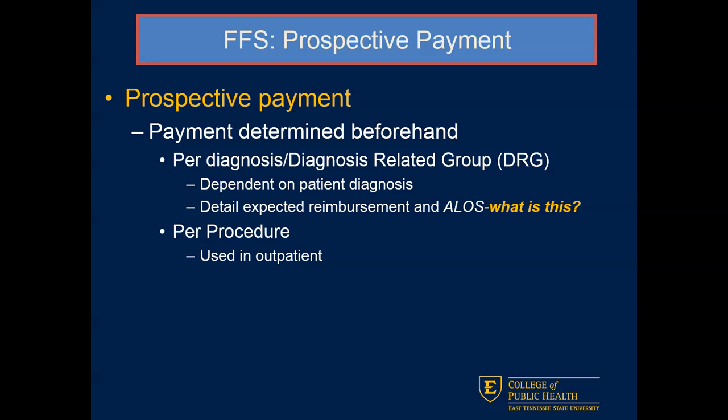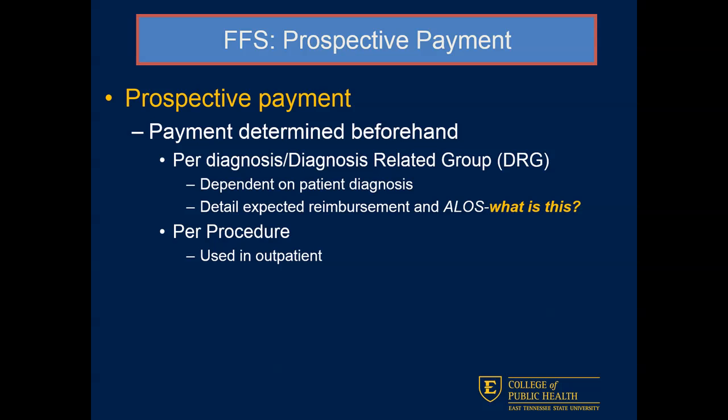So the DRG is going to work to tell the hospital how much it can expect for a certain type of disease classification and what that expected average length of stay or ALOS should be. So for example, let's say we have Mrs. Smith, and she's being admitted for a heart disease.